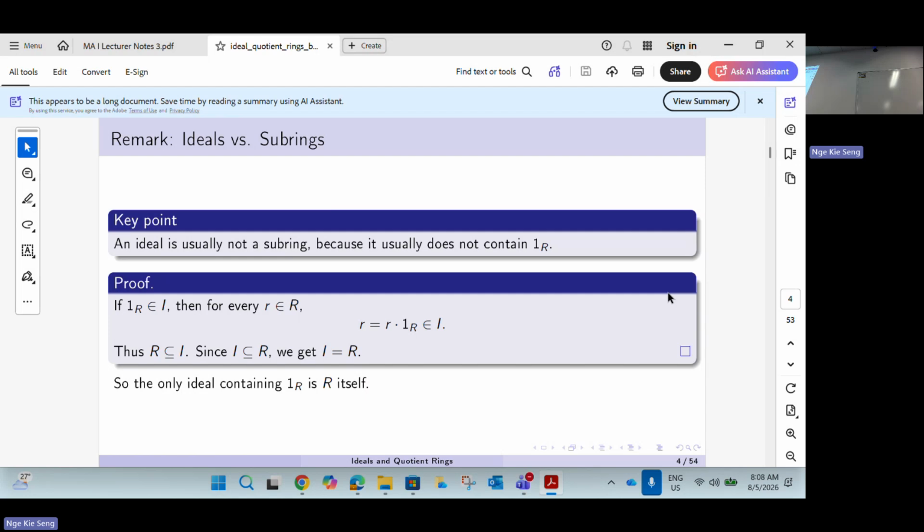If I is a subset of R and contains 1, then for every r in R, r times 1 is in I, so I is R itself.